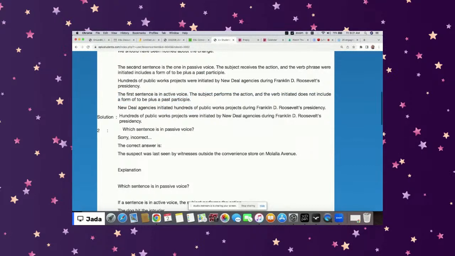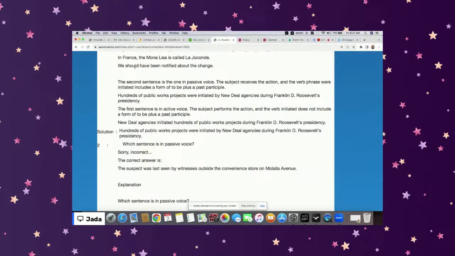So, this is the first sentence. And then New Deal agencies, it's the second. Okay, so the solution is hundreds of public works projects were initiated.